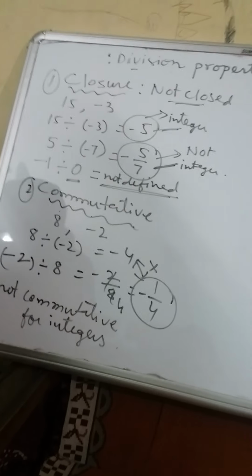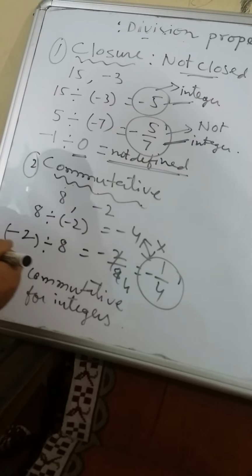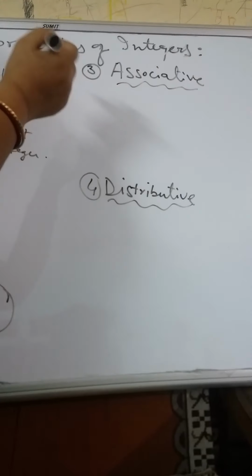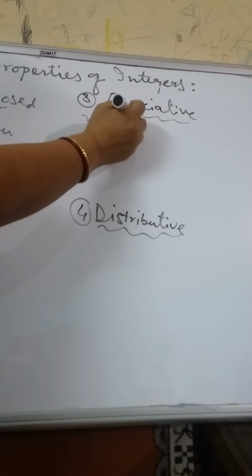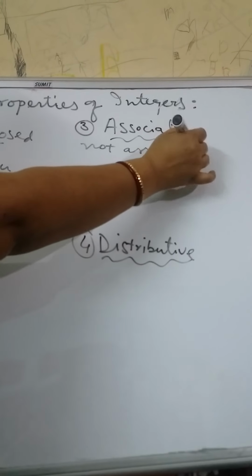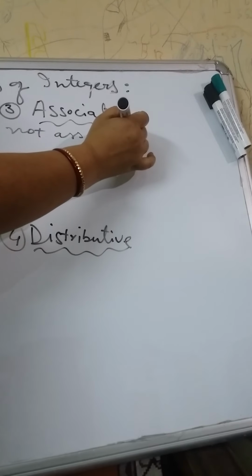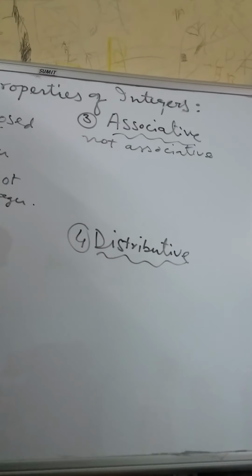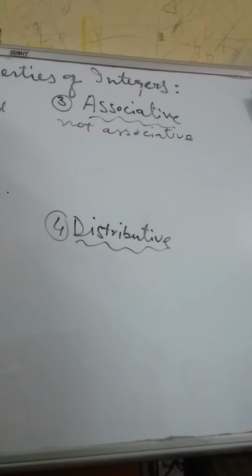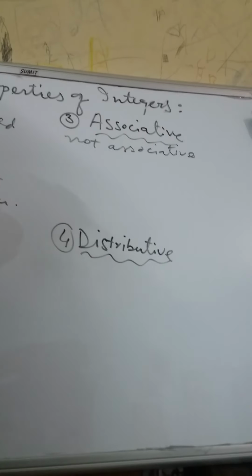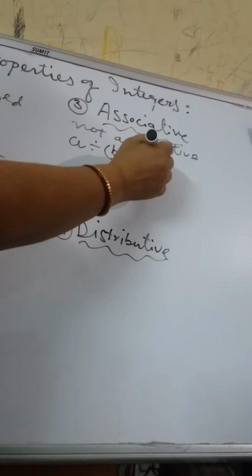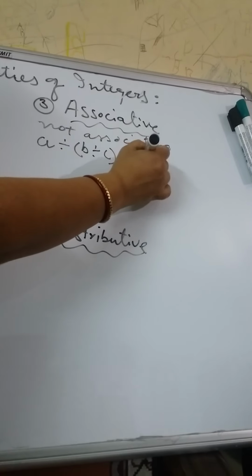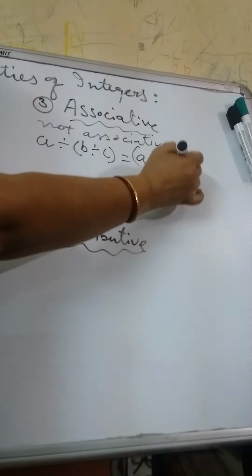Next is associative property. Division is not associative for integers. If it had been true, then we can consider that (a divided by b) divided by c equals a divided by (b divided by c).